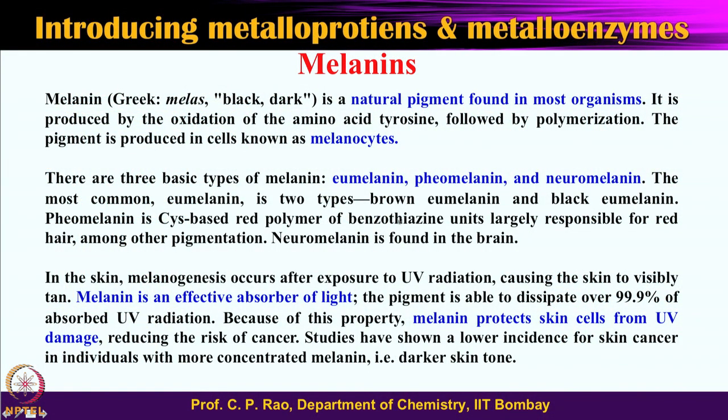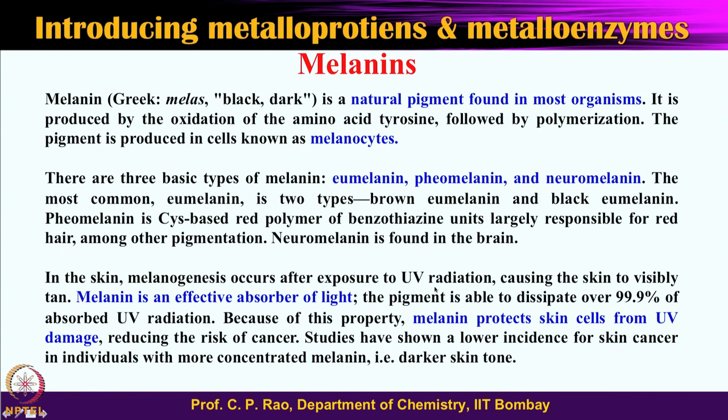Then towards the end of the previous class we looked at another topic, melanins. Melanin, as you know from the term, is a black kind of color which comes from the oxidation of tyrosine by a variety of enzymes, and this leads to a black pigment.